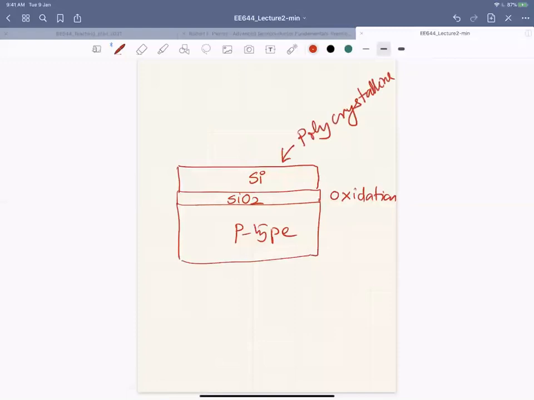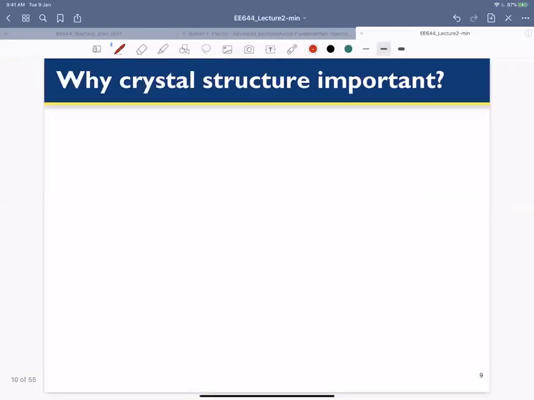All right. So why is crystal structure very important? Why are you studying crystal structure? Basically, the crystal structure defines a couple of things. It defines the band gap. Depending on the crystal structure, you could see whether a material is metallic, semiconductor, or insulator, right?